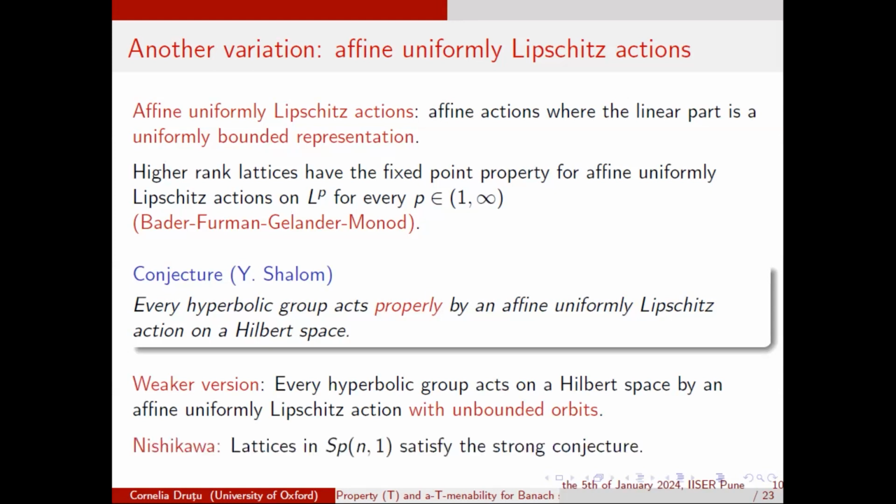And the situation up to now is that only one case is known. The lattices of isometries of the quaternionic hyperbolic space, these are proved to satisfy the strong conjecture. So Nishikawa proved that they act properly on a Hilbert space by affine uniformly Lipschitz actions, and the rest is not known.